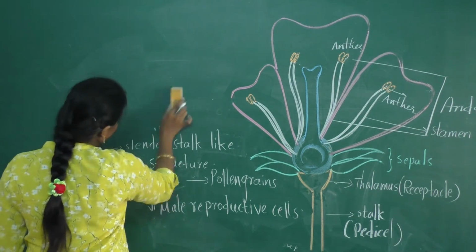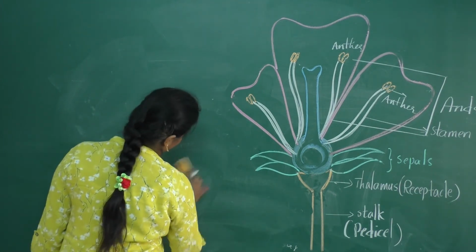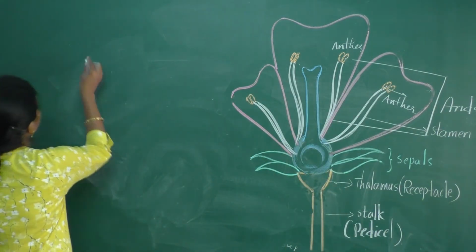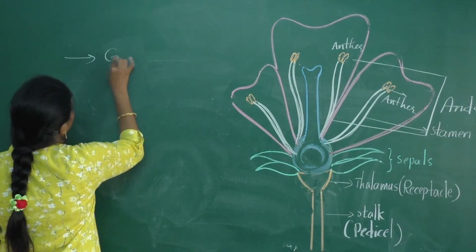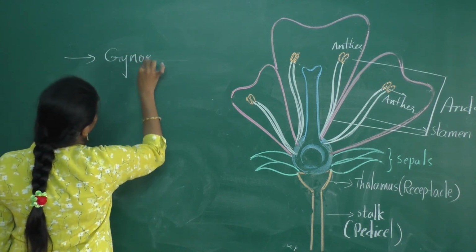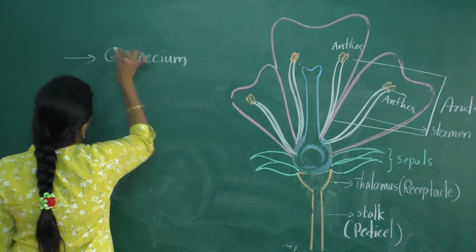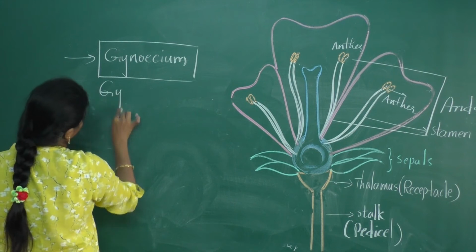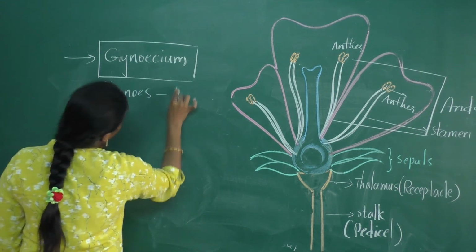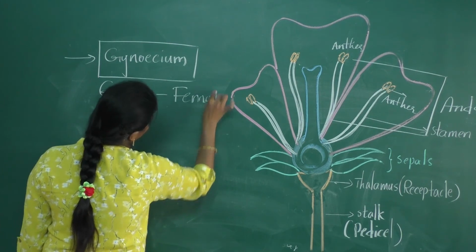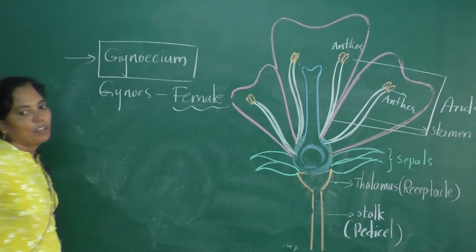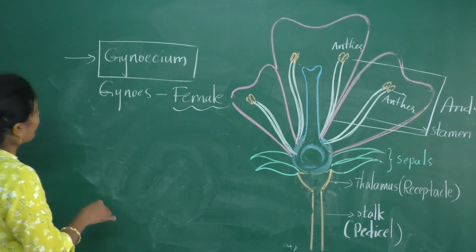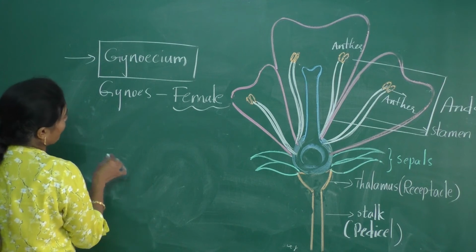What is the next whorl, children? Gynoecium. Gynous means female, so this is the female reproductive part. Gynoecium means female reproductive part.